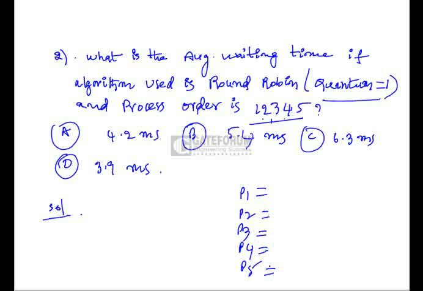P5's execution time, we found in the previous problem, is 5 milliseconds. P1's execution time is 10. P2's execution time is 1. P3's execution time is 2. P4's execution time is 1. That's what we already found based on the Gantt chart represented using FCFS and SJF.